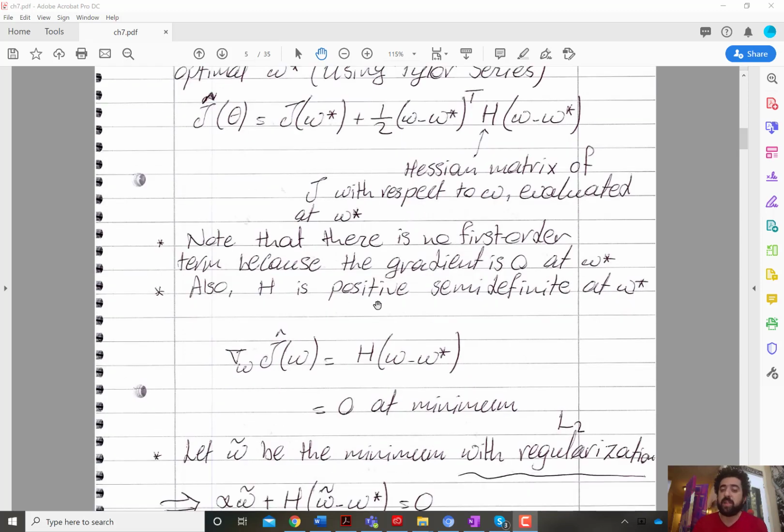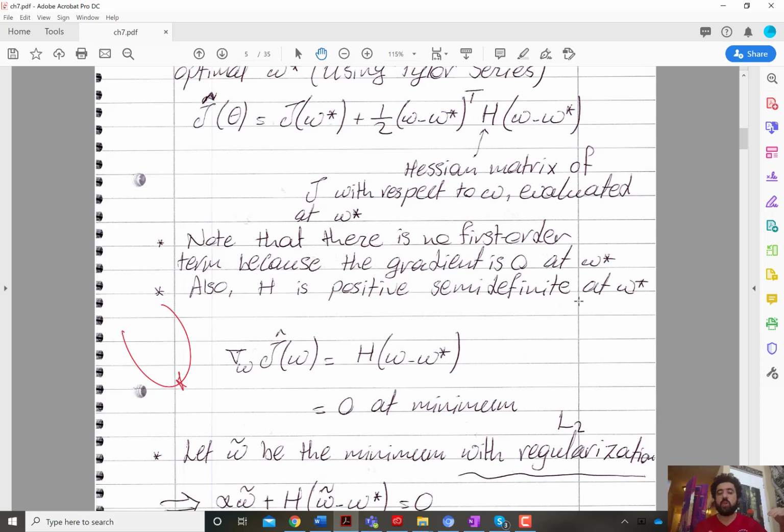Now, also note that H is positive semi-definite at omega star, right? So what does it mean that H is positive semi-definite? It means that the second derivative is positive in all directions, and that's basically a property of the minimum. If I am at the minimum of a function that's convex or quadratic, then I know that the first derivative is 0, and the first derivative is increasing in both directions.